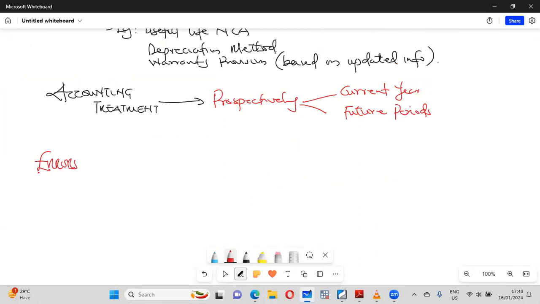Then the last one, before we look at the computation, is the errors. And the errors, especially if you are writing financial reporting, it is tested most of the time. Whereby they say that some cash was stolen. You didn't find out in the last previous accounting year. But you found out after the financial statement of the last accounting period has been published, gone. You now found out.